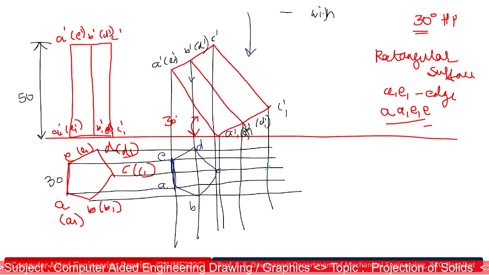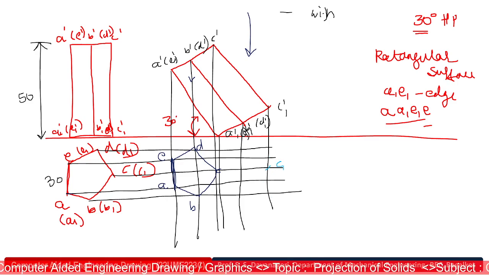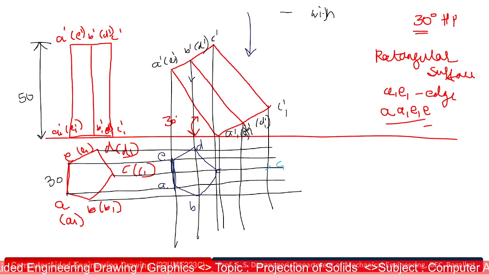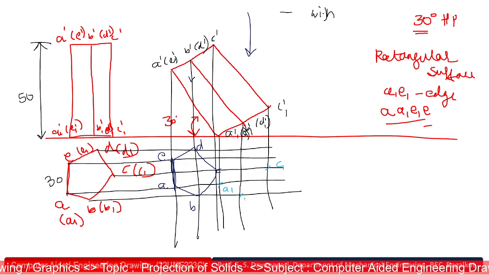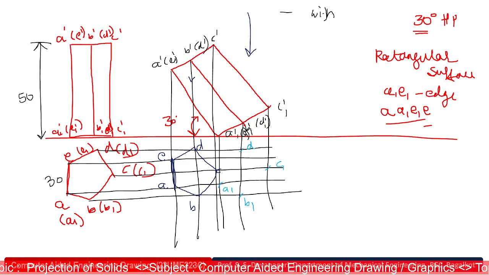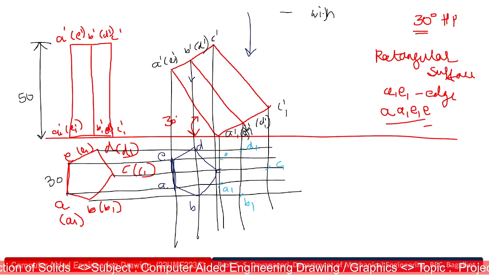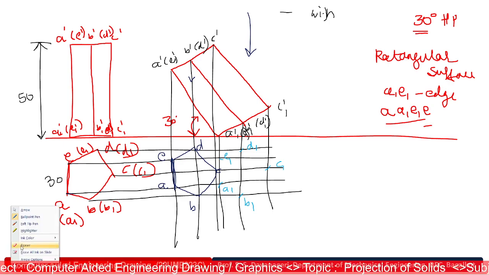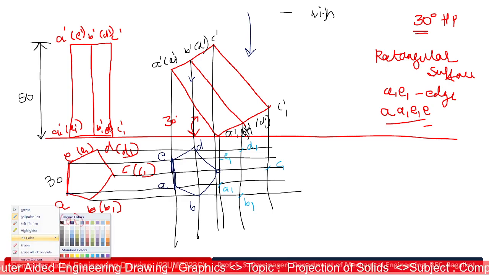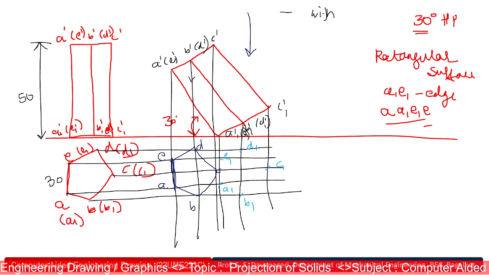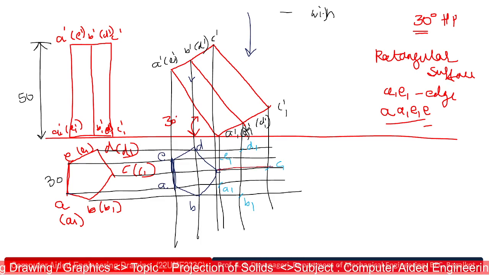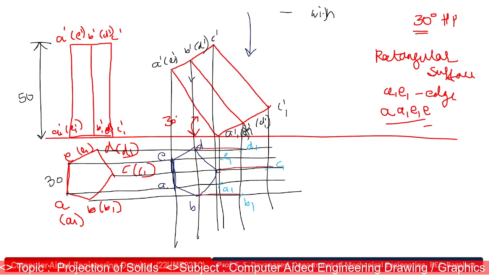Now this point refers to the point C1. This point refers to A1, this point refers to B1, this point refers to D1, and this point refers to E1. So let us join here. This portion is visible, this portion is visible.